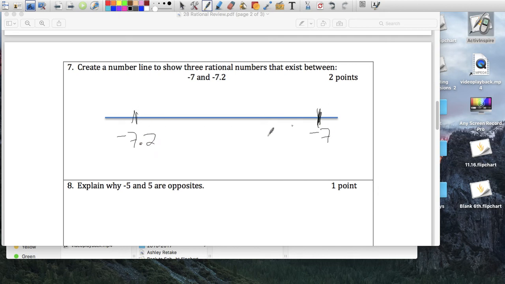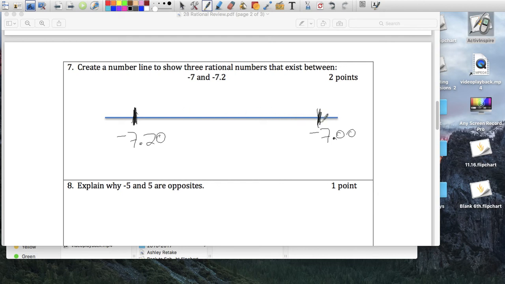One thing you can do to make life easier, if you want to understand this a little better, is think of money. If you think of money, this is negative $7. This is negative $7.20. So put a 0 here. And guess what? It won't hurt to do this. We're not changing any values, but it's just going to help us locate more numbers.